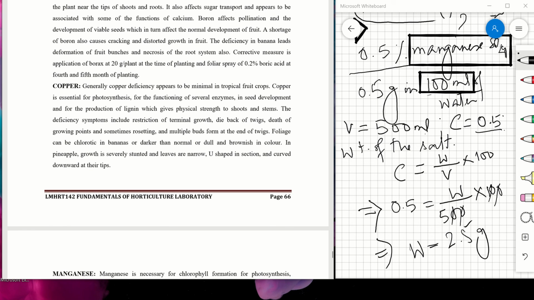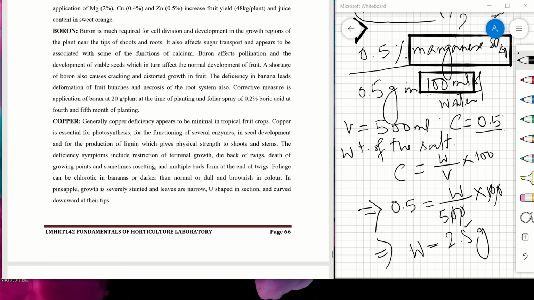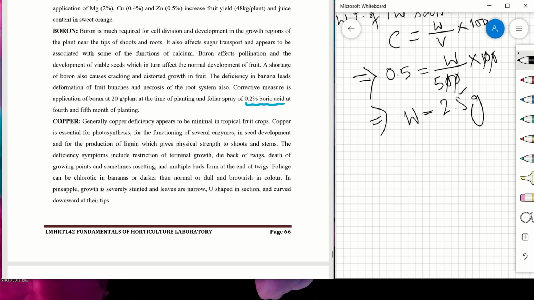There are two concepts you have to remember. When the solute you are using is in solid form, you can use this directly, whereas in some cases, for example 0.2% boric acid, boric acid is available in liquid form.